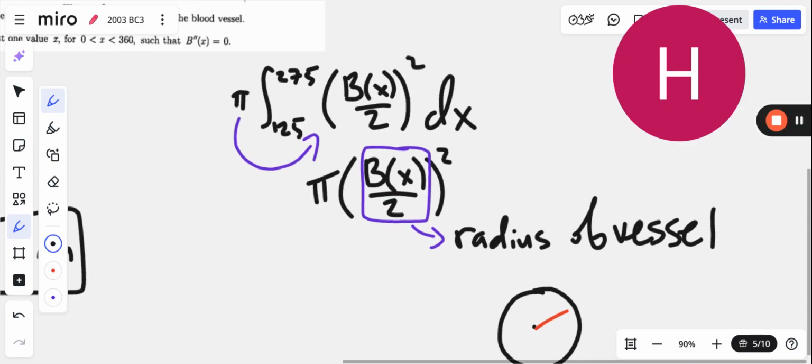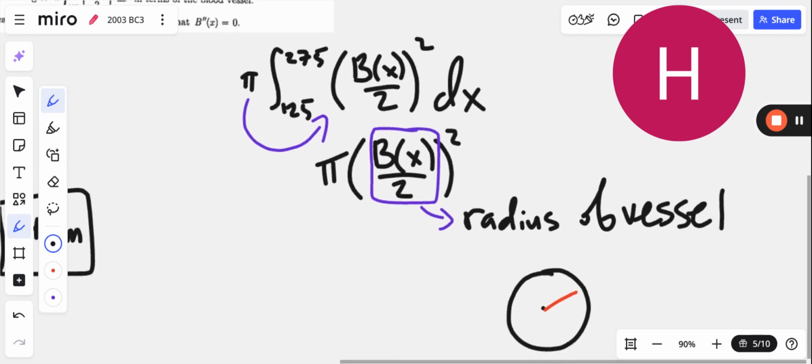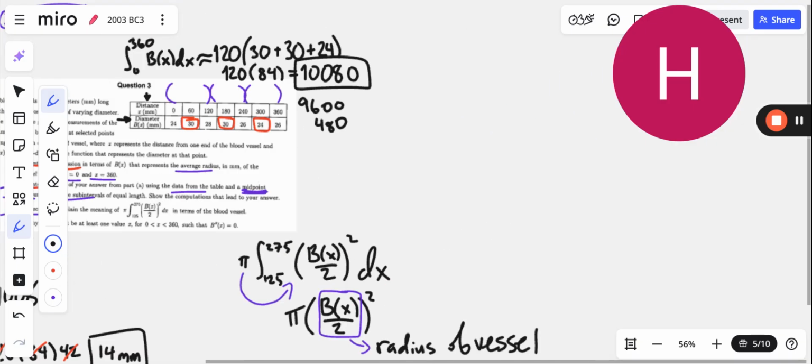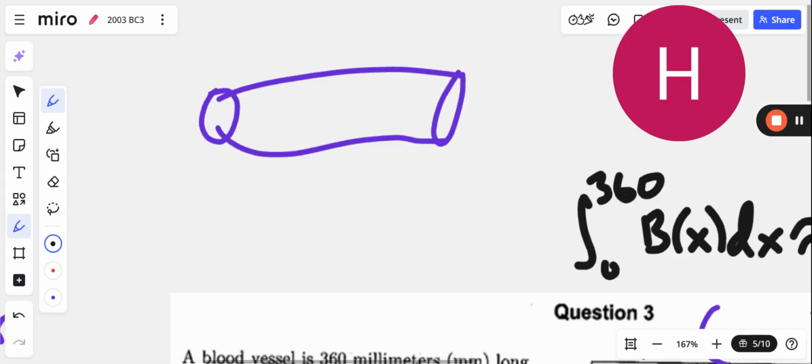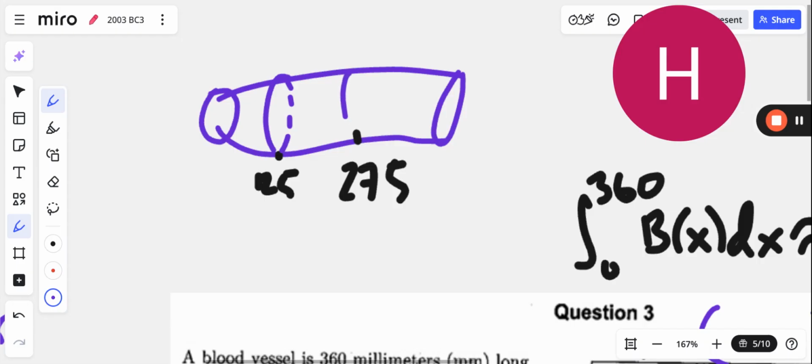So what are we doing with an integral then? The integral adds up a bunch of these cross-sectional circles. So basically, again, if I have my diagram of my blood vessel, then from 125 to 275, each one of these has some cross-sectional area. And so what we're basically doing is we're finding the volume of all of these by adding them all up together, right?